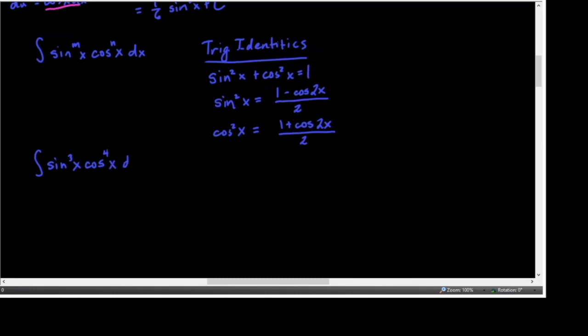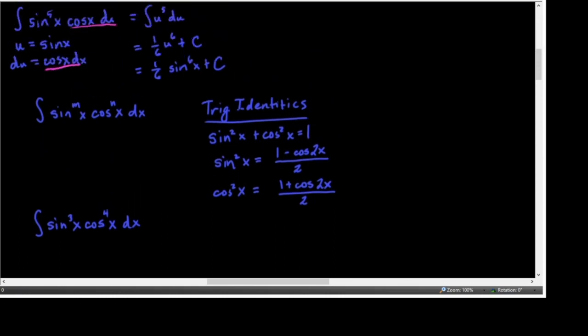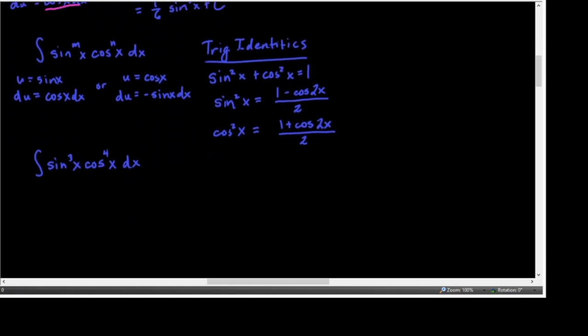If we're going to be doing this process and using the power rule, like the one we did above, eventually we'll want it to look a lot like that, and either u will be sine of x, like we did above, which means that du is a single cosine of x dx, or we'll be wanting our u to be cosine x, which means our du is negative sine of x dx.